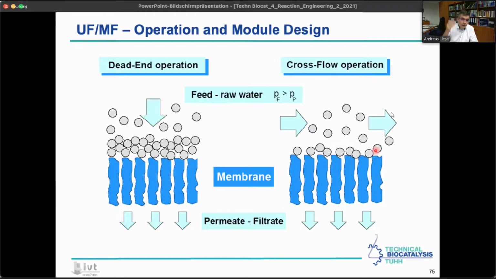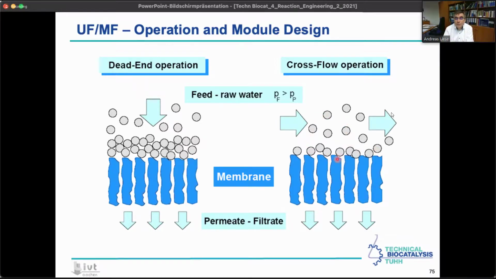And if you have your engineering knowledge in the back of your head, you might remember lectures on cleaning in place, so how to design the flux over any walls or in any tubes to have a minimum amount of particles or material being deposited on the walls, and the same is true here.